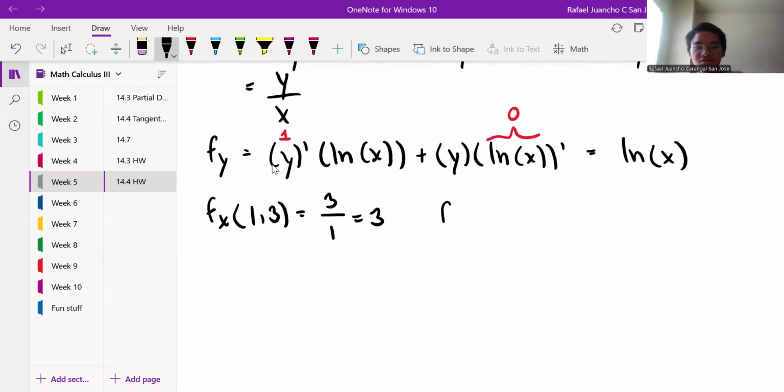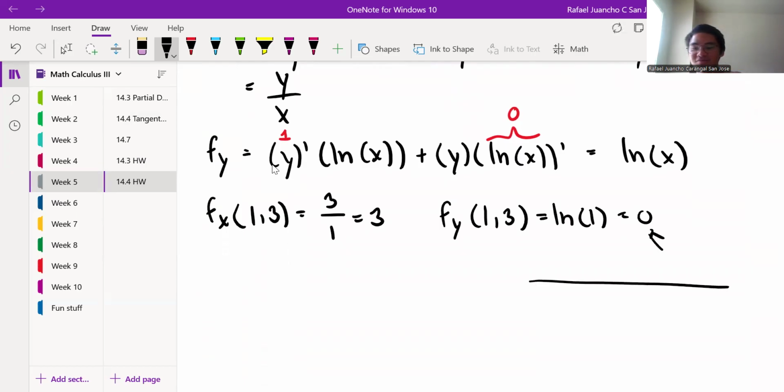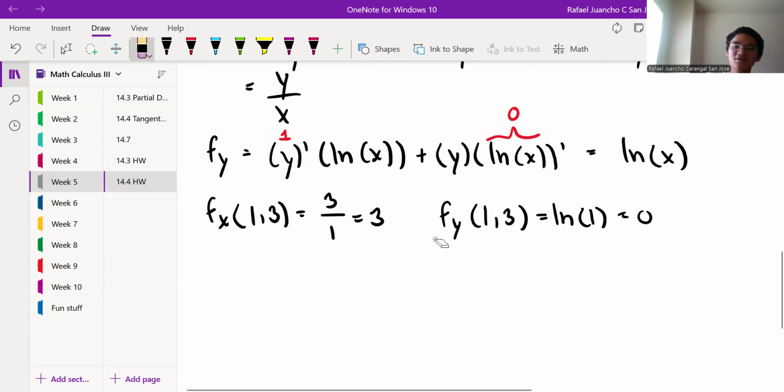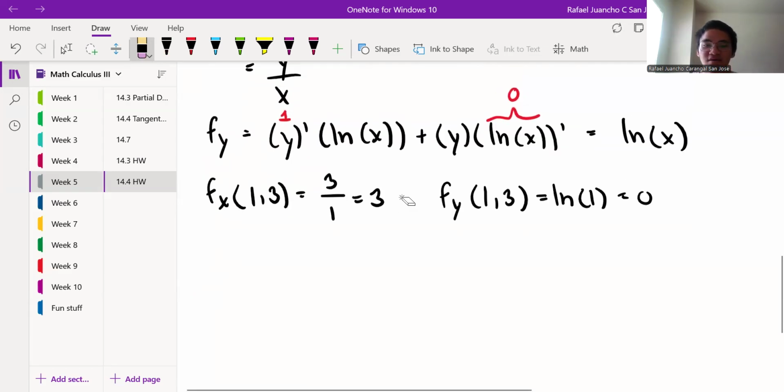And then for f sub y at 1, 3, we plug in ln of 1, which gives us 0. So here we actually have a horizontal slope at that point. Completely horizontal. I'm just double checking, ln of 1 is 0.